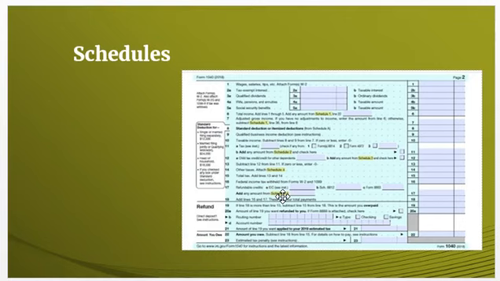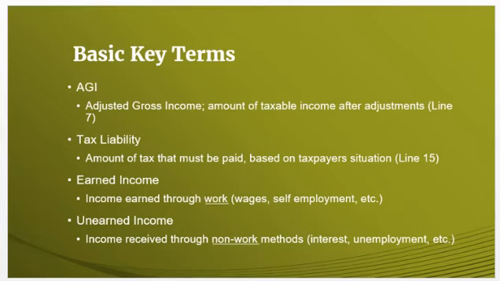So I would encourage you to have a 1040 in front of you while I go through these first few slides. So yes, we can see that there are several places where the form actually diverts to a schedule.